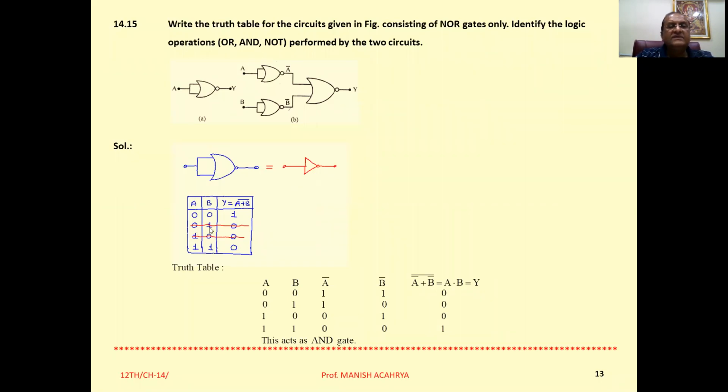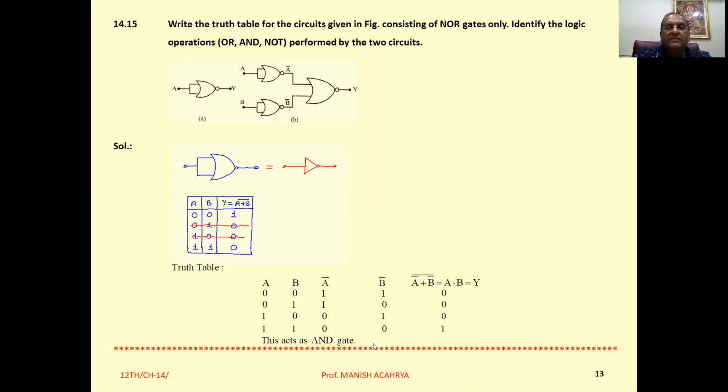Simple thing. The other choices you have to discard because both the inputs are short circuited. Then for the second one, the truth table. Here A, B are inputs of short circuited NOR gates, which behave as NOT gates. So the output of the first one is not A, the output of the second one is not B, and this not A and not B are the inputs of a NOR gate.